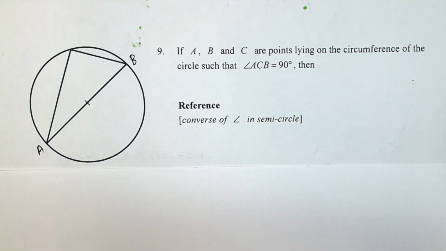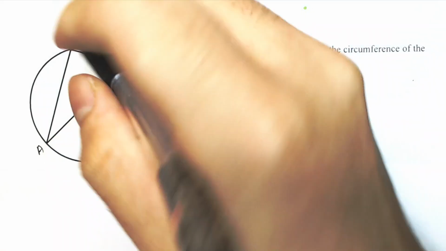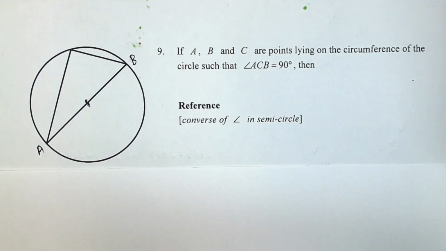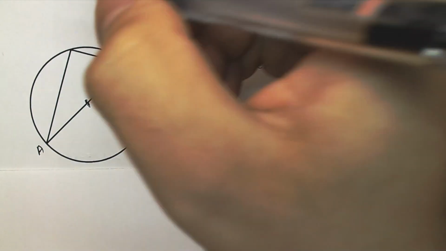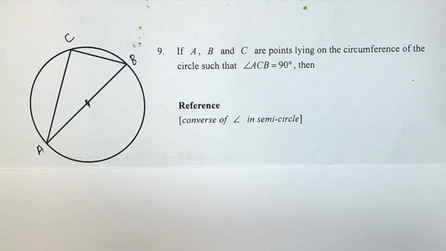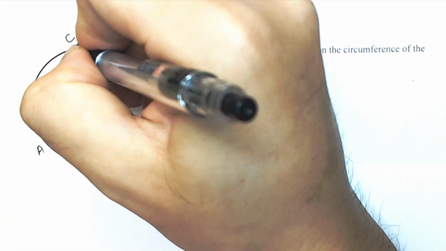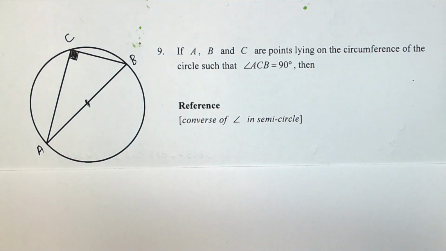So if we don't know the position of A and B, but we know that the angle at the circumference is given to be 90 degrees, then what do we have? We have the angle at center being twice the angle at the circumference, so the angle at center is a straight angle indeed. And thus AOB is a straight line. So we can have different kinds of result which basically mean the same thing.